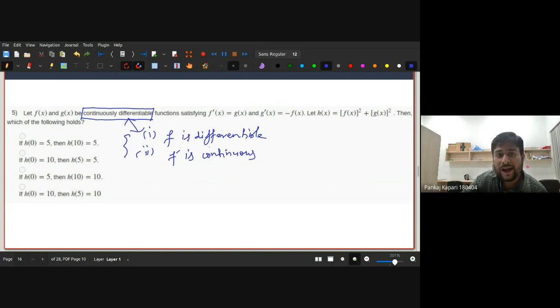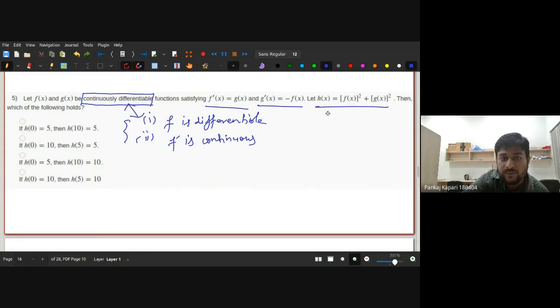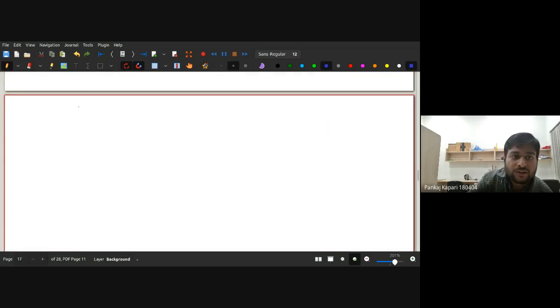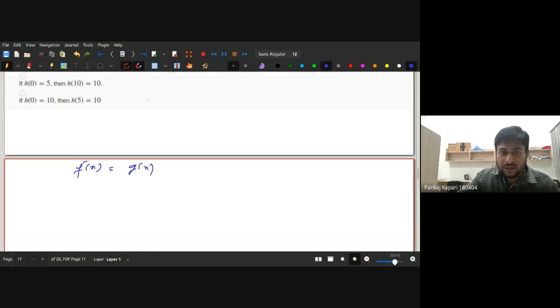Okay, and it satisfies these two relations: if you differentiate f, then you will get g, and if you differentiate g, then you will get minus f. And the function h(x) is given to be the sum of the squares of these two. So our given data is f prime of x is g(x) and g prime of x is minus f(x).